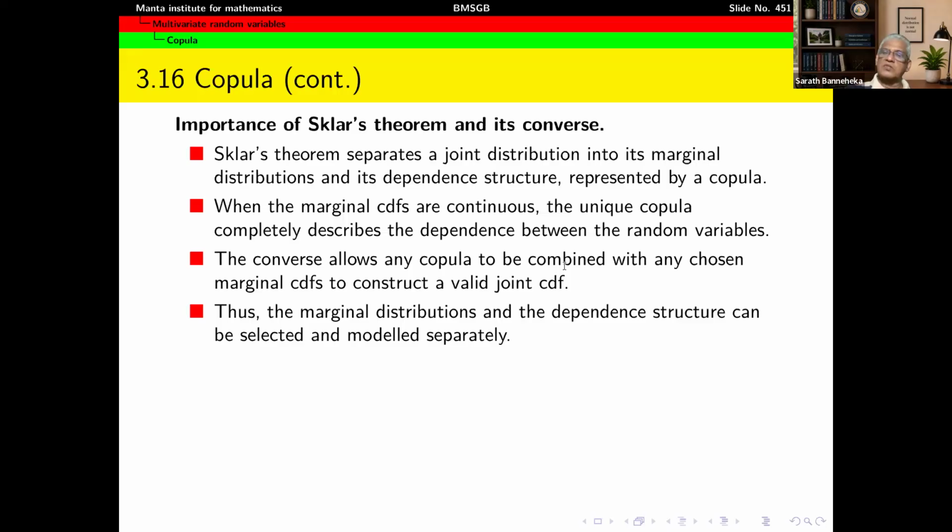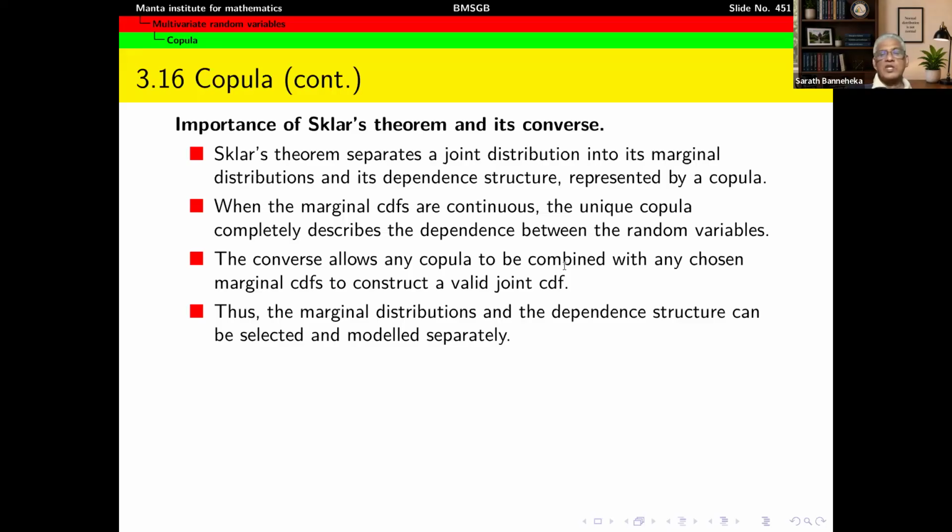So this function C separates the joint CDF into a function of marginals, and also inside that function, C captures the dependence between X and Y. When the marginal CDFs are continuous, the unique copula completely describes the dependence between the random variables. Right. So the copula captures the dependence between X and Y.